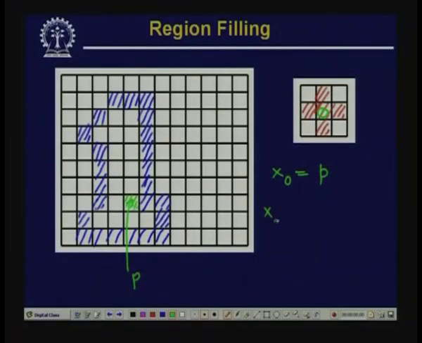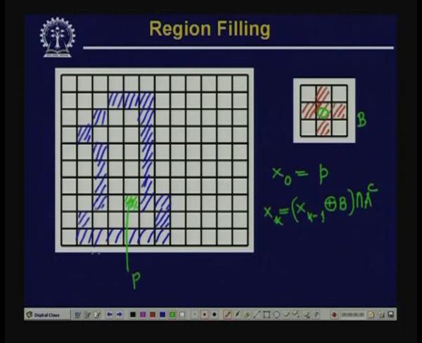At iteration stage k, X_k will be given by X_{k-1} dilated with our structuring element B, and what we do with this dilated point set is take the intersection of this with the complement of the point set A.